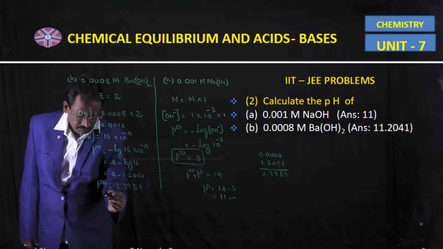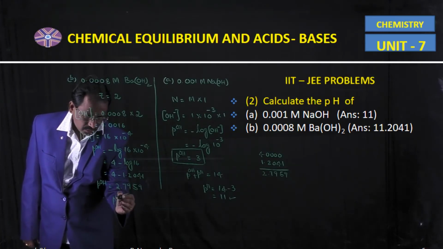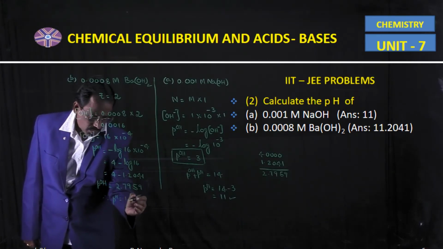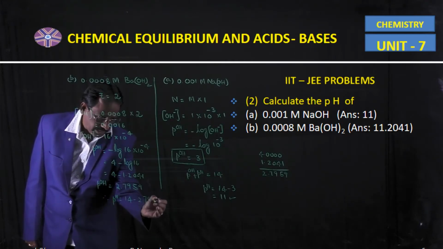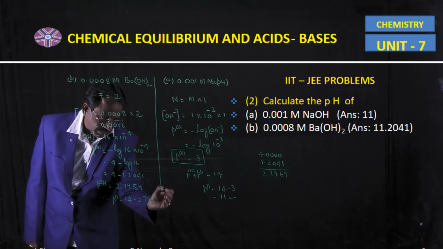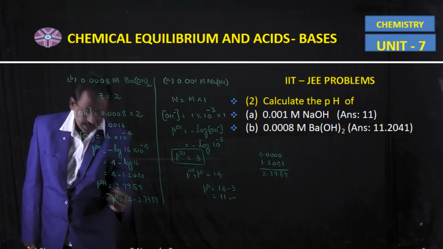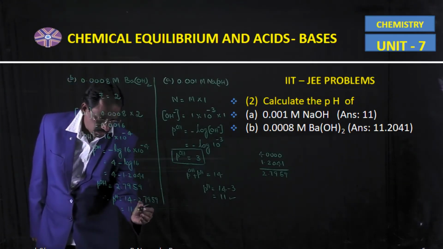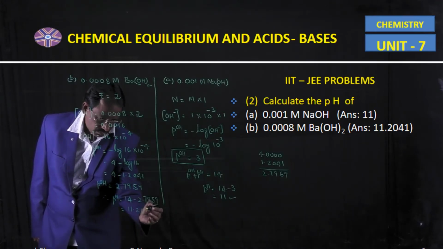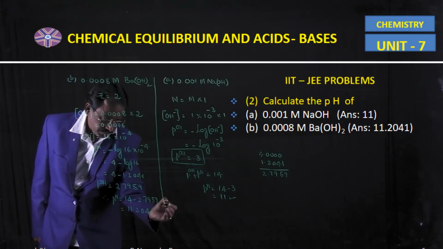Therefore pH of this solution is equal to 14 minus 2.7959. So this is equal to 11.2041.